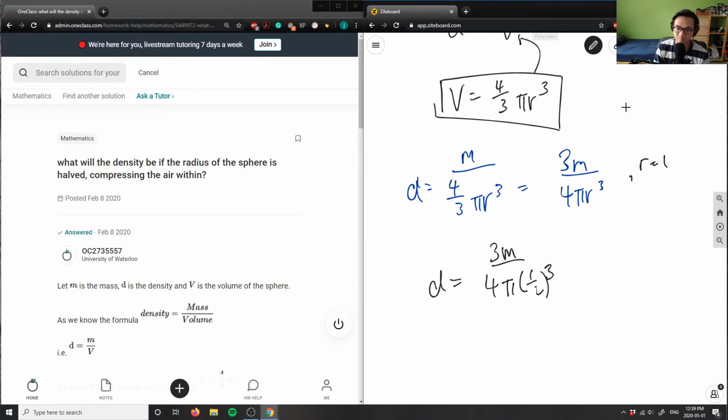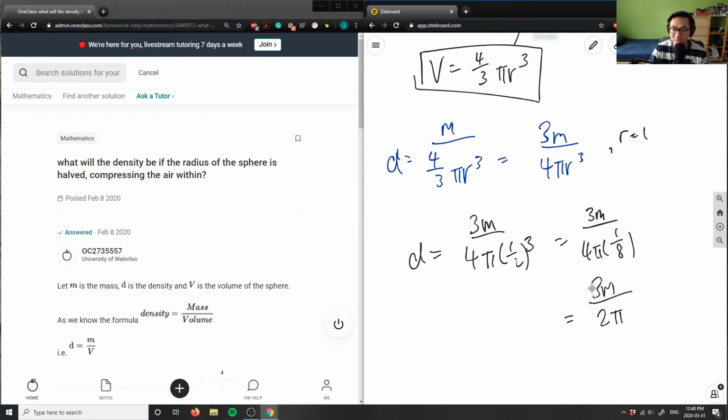So this equals 3m over 4 pi, and the half cubed would be 1/8, right? And this would equal 3m over 4 pi times 1/8, which I said was simply 2 pi, right? So this would happen to the density if it was halved.